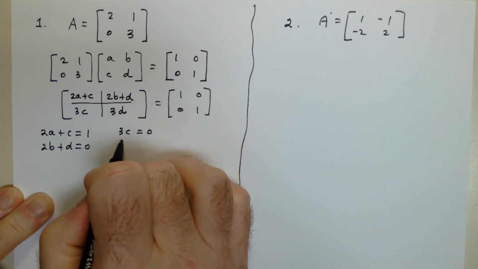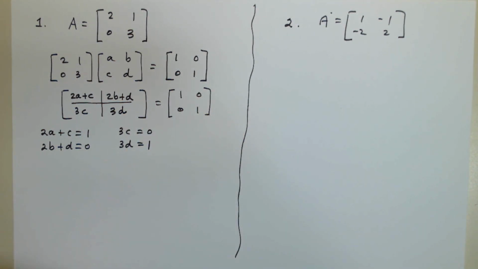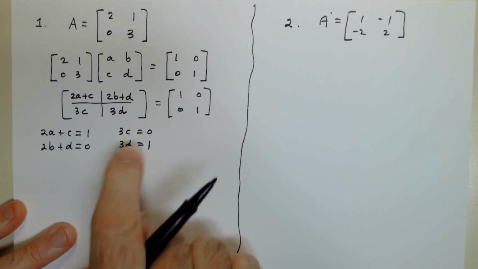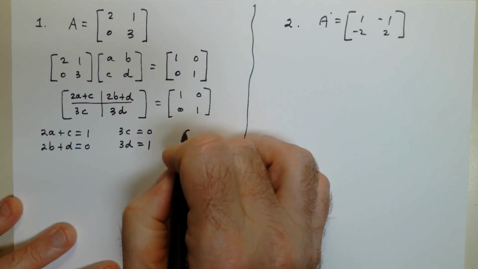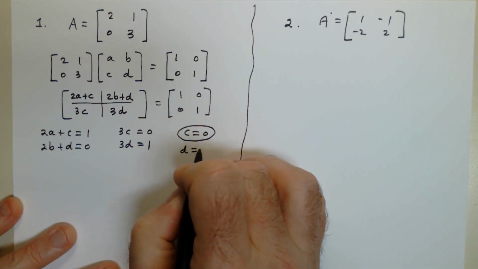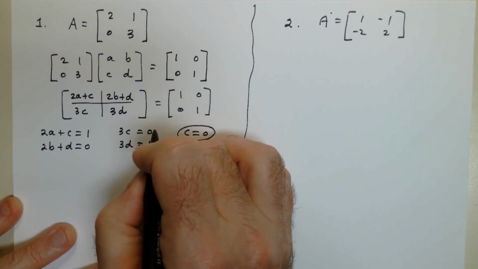And 3D equals 1. Now, luckily, this system kind of degenerates very quickly and separates. We can see immediately from these last 2 equations, we get C equals 0 and D equals a third.